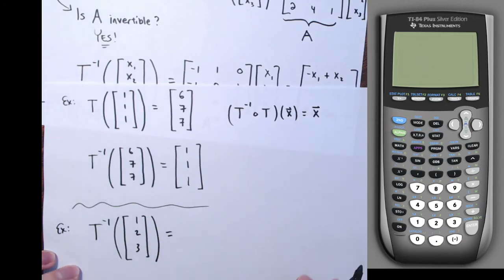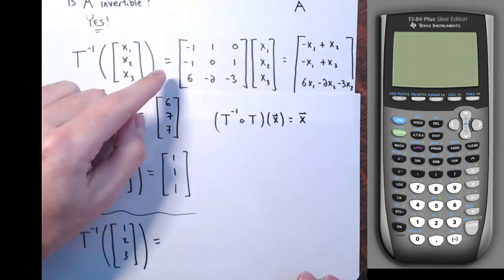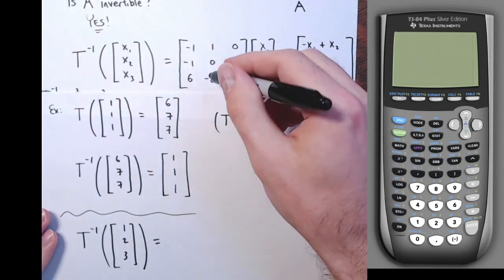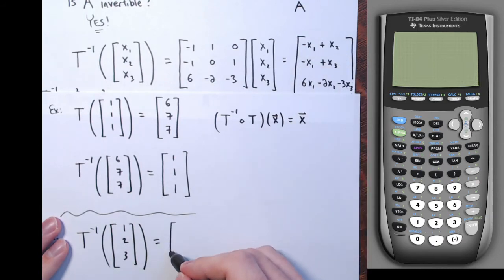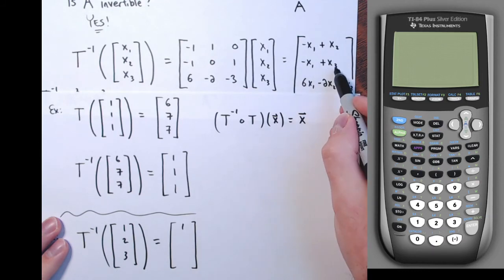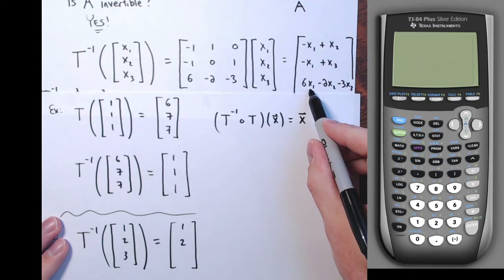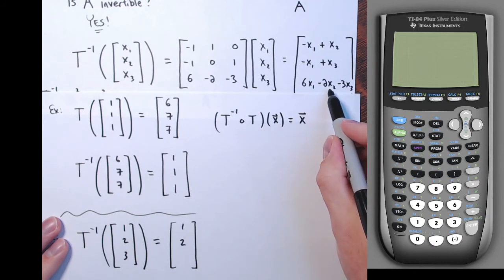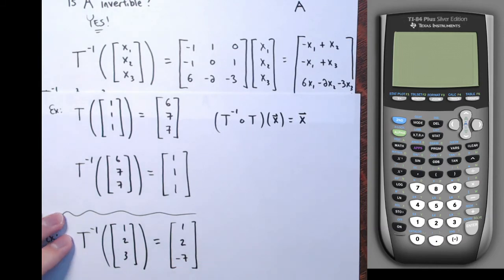Let's plug in 1, 2, 3 to T inverse. Again, using my rule for T inverse that I found with the inverse matrix: negative 1 plus 2, 1. Negative 1 plus 3, 2. And then 6 minus 4 is 2, minus 9 is negative 7. So when I plug 1, 2, 3 into T inverse, I get 1, 2, negative 7.